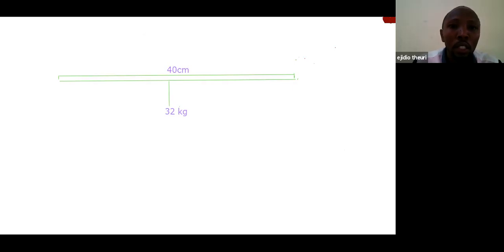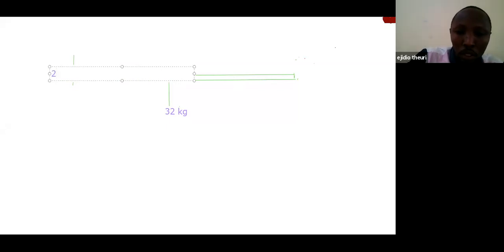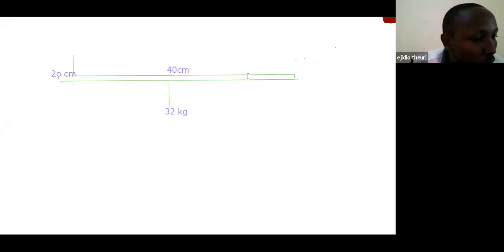So from here is 20 centimeters, while the other balance is 30 centimeters from the other end.